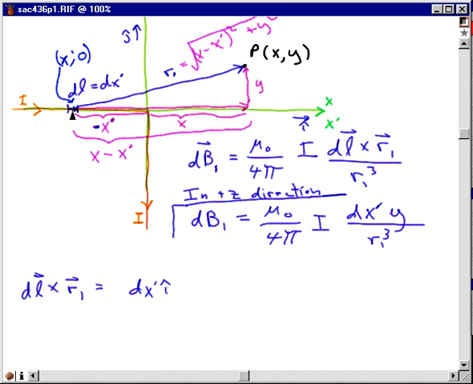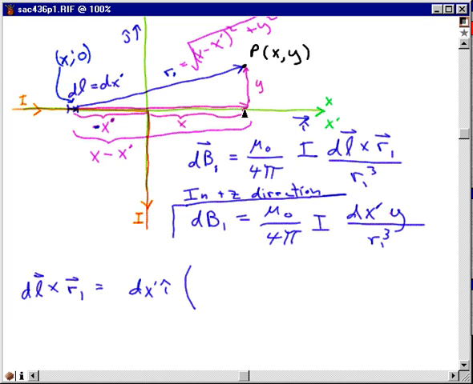So here's the dx, and it's pointing in the I direction, so I can write it as a total vector in IJK notation as dx prime times I. And then r can be written as, well, here's r, it extends from here to here.